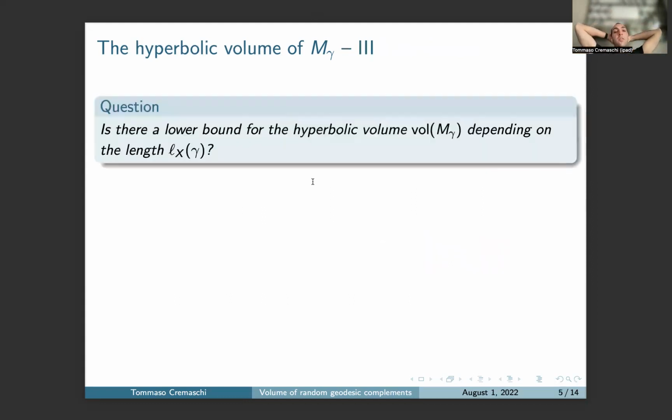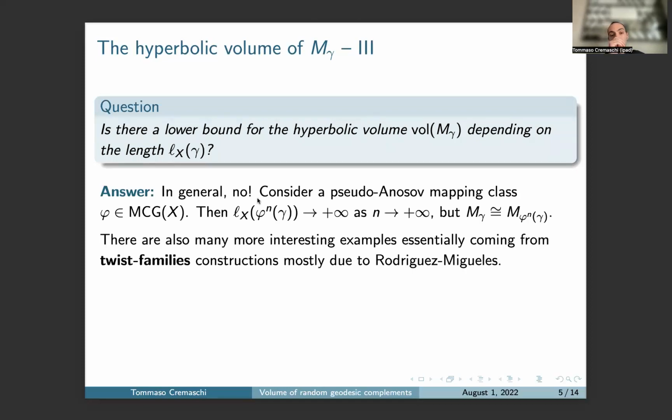So what we wanted to do was, can we get a lower bound for the volume? And ideally, we wanted something that depended on length, just because of this nice length lower bound. And the answer to this question is quite simply no, because if you take an epsilon Dehn twist map, which is a very mixing map, then the length of that curve will blow up to infinity.